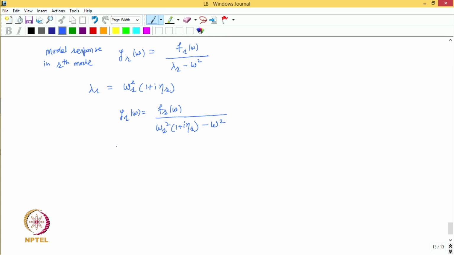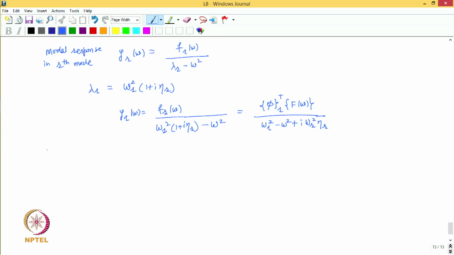And if you substitute the f r in terms of the eigenvector, so rth eigenvector multiplied by the vector of steady state harmonic forces, amplitude of harmonic forces, and therefore we get omega r square minus omega square plus I omega r square eta r.